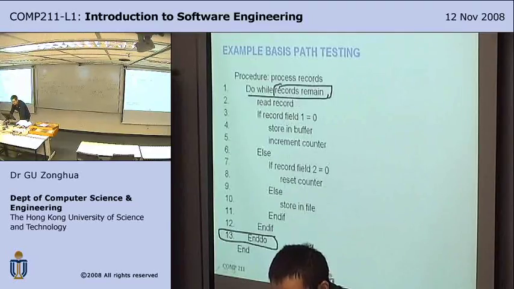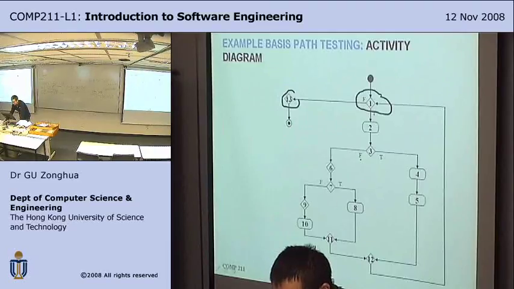Statement 2 is read record, and then followed by if-then-else. Statement 3 is the if condition checking. If it's true, you execute 4 and 5. If it's false, you do another condition checking for whether field 2 equals 0 or not.